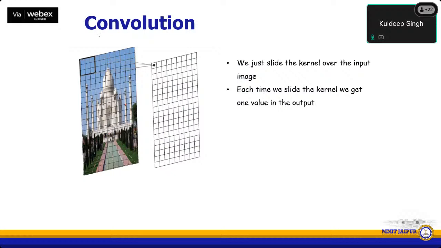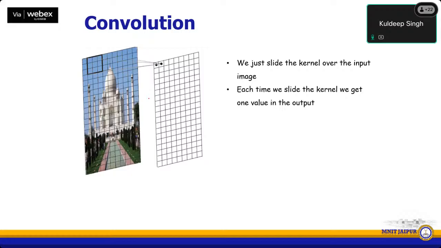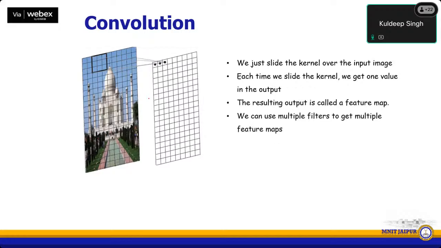What we can do is we can slide the kernel over the input image, and each time the kernel is slid over this image, it computes one value of the output, which is the next neuron in the next layer. So this is how one value, as a result of applying a kernel on the input patch, is computed.